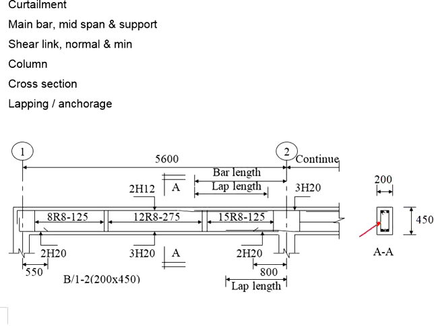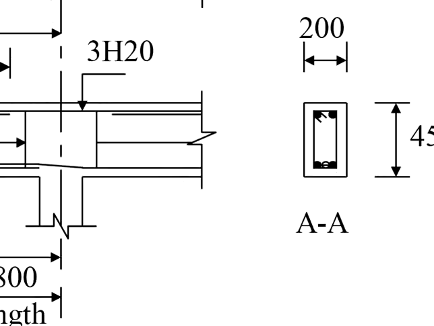Show the shear links, and then show the amount of reinforcement. For this cross section, you have 2 H12. That means you will have 2 top bars and 3 H20. There should be 3 bottom bars here. You need to clearly indicate 3 bottom bars at the beam soffit.